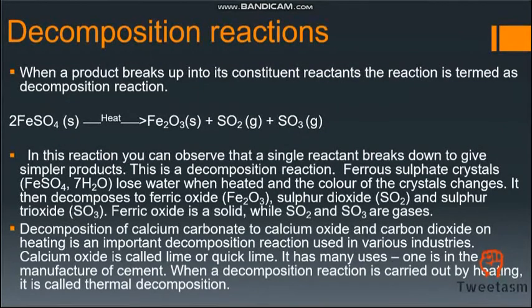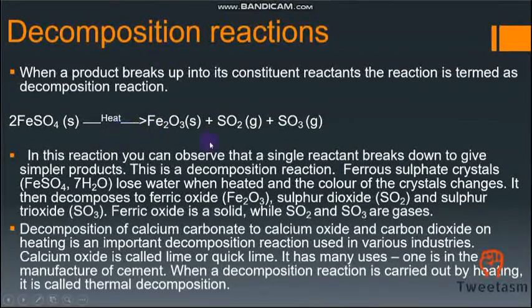Now the decomposition reaction. When a single reactant breaks up into its constituent products, the reaction is termed a decomposition reaction. So this is the chemical reaction. You can observe that in this reaction a single reactant breaks down to give simpler products.